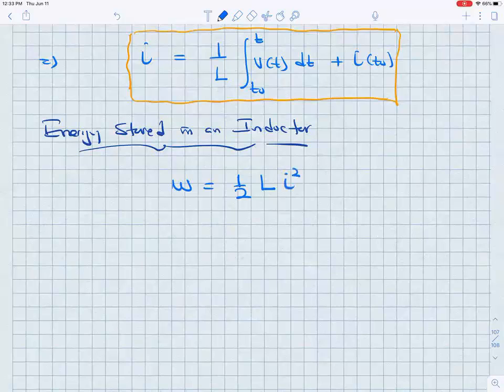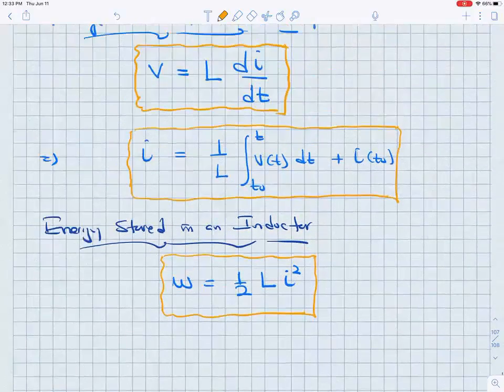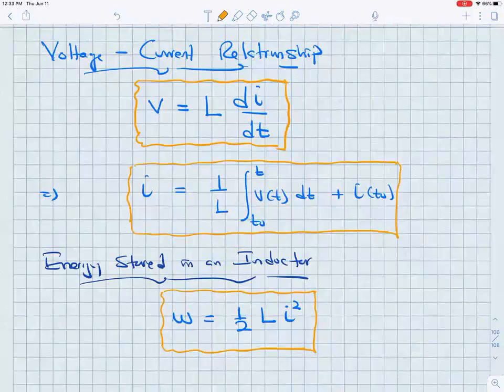The energy for the capacitor is half C V squared. So those are the three important initial relationships that we need.